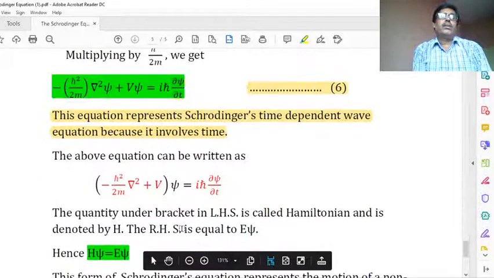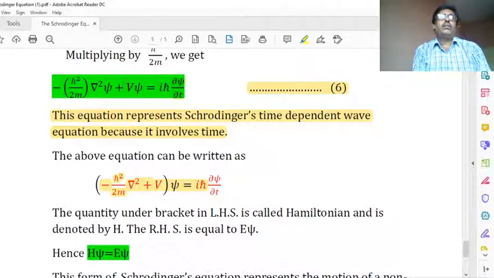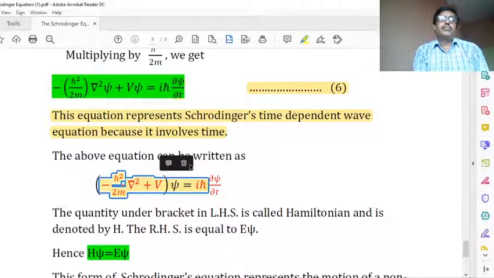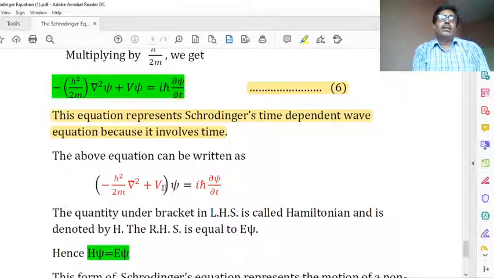Okay. Now this equation may be written like this. Actually, we are doing nothing. We take common psi here. So once we take common psi under bracket, it will be minus h cross square and so on, and this is the Hamiltonian.